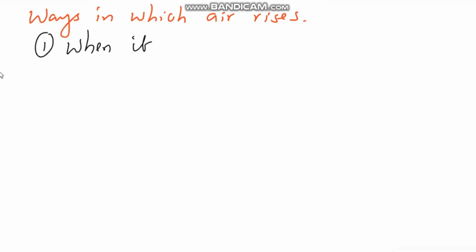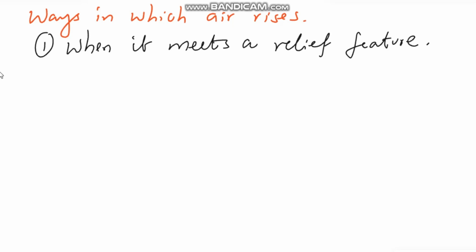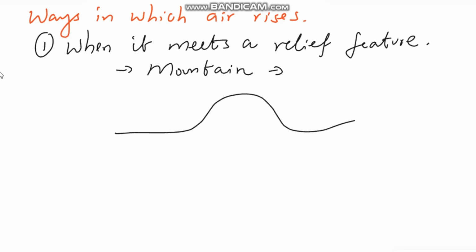The first reason is when this air comes along a relief feature, which most of the times is either a mountain or an upland or a raised area. So what happens? The air meets the mountain and eventually it moves over it, forcing it to rise up.